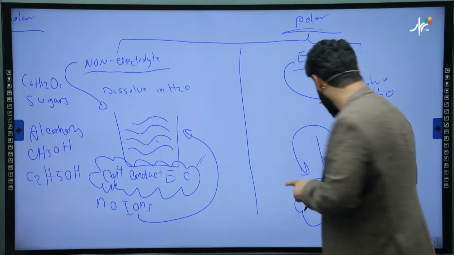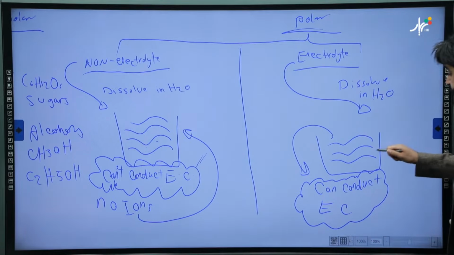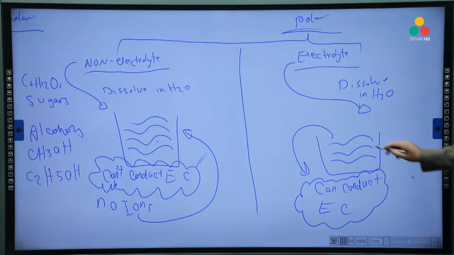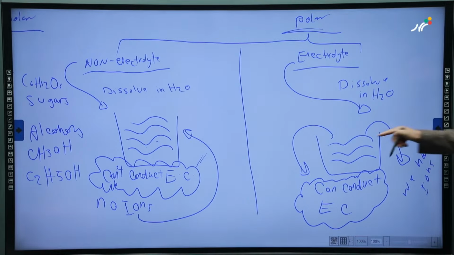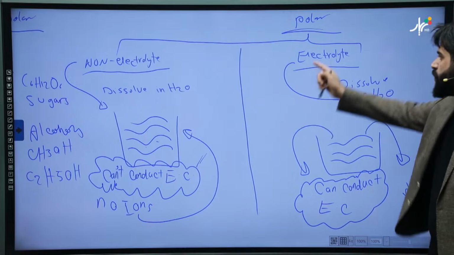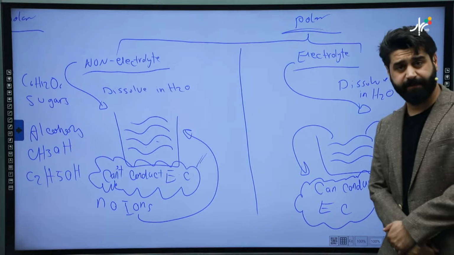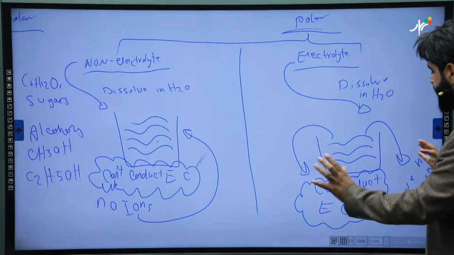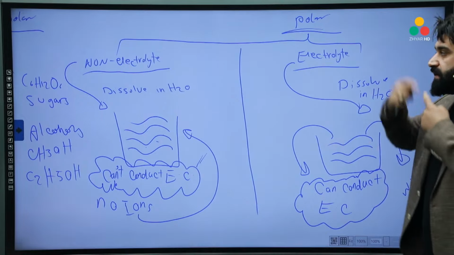But here we have ions. Let me write it another way: we have ions in the aqueous solution of an electrolyte. This is the exact difference between electrolyte and non-electrolyte.